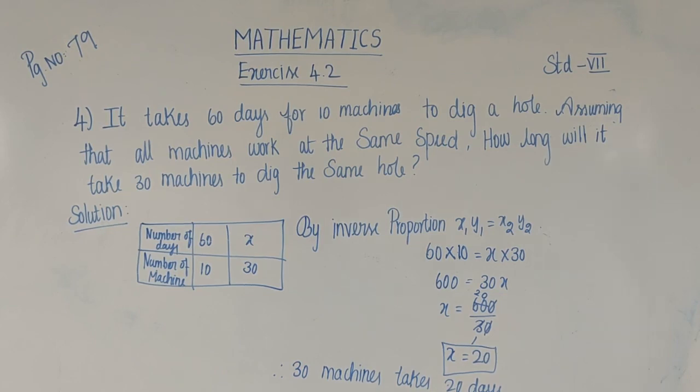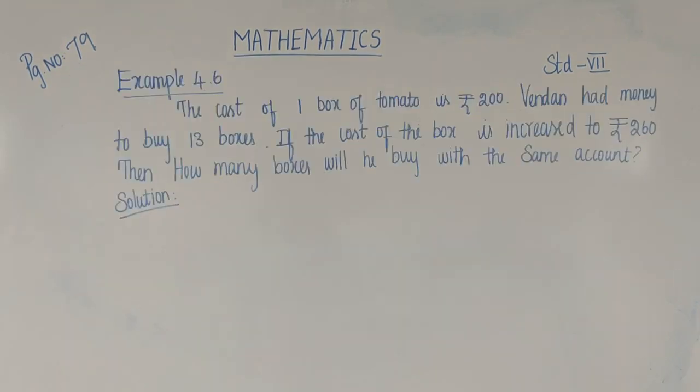Okay. Next example, example 4.6. Listen. The cost of one box of tomato is 200 rupees. Vendan has money to buy 13 boxes.